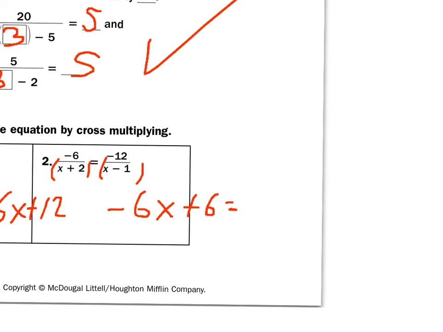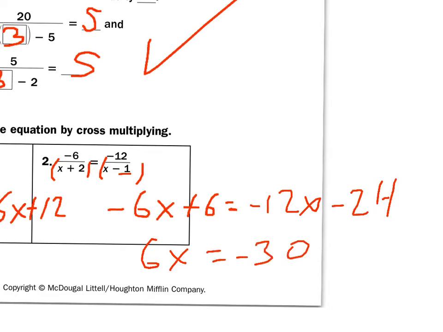So we had negative 6x plus 6, because a negative times a negative made a positive, and then negative 12x minus 24. And so I would add 12x and get 6x, minus 6 and get negative 30, and divide by 6, and x equals negative 5. Hopefully you got those answers.